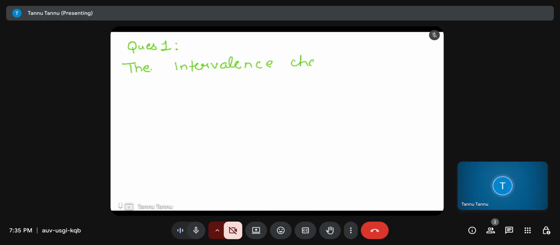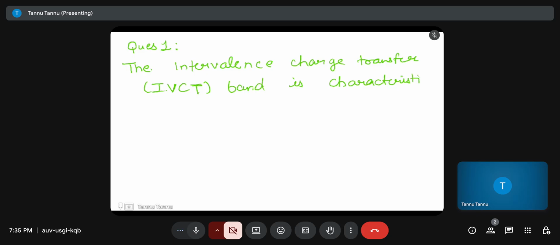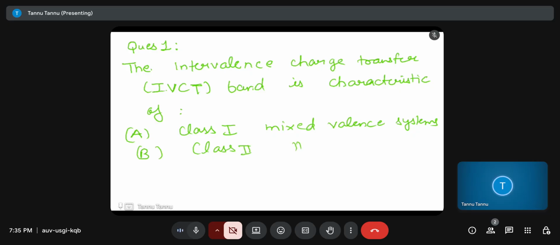The intervalence charge transfer, IVCT, band is characteristic of A. Class 1 mixed valence systems, B. Class 2 mixed valence systems, C. Class 3 mixed valence systems, or D. None of the above.